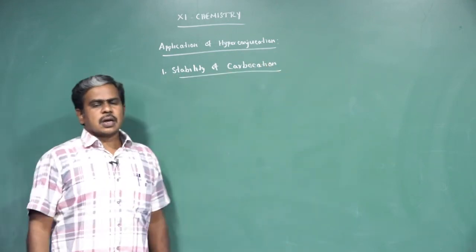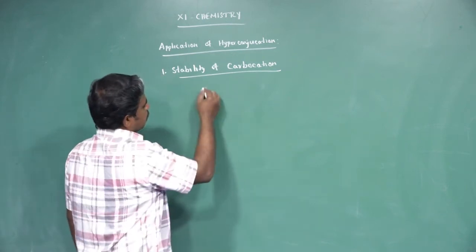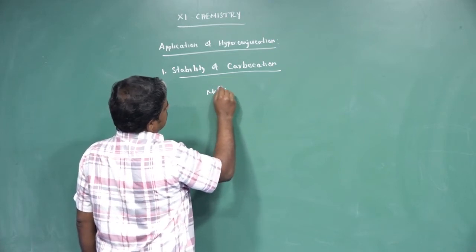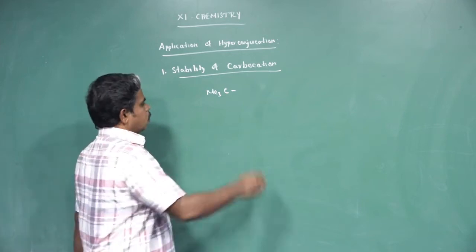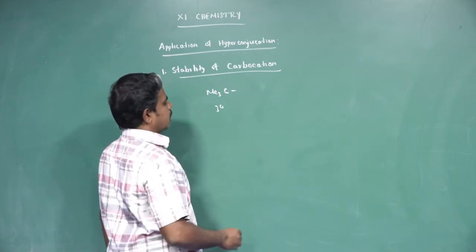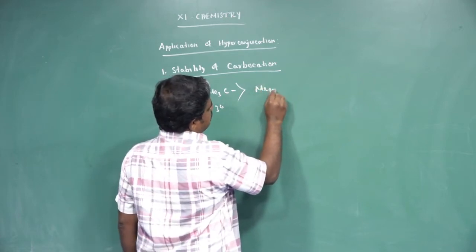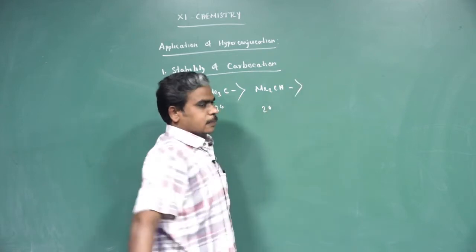And you know the carbocation stability order. What is the carbocation stability order? Here that is Me3C, that is trimethyl carbocation, that is tertiary carbocation, which is more stable. Then Me2CH, it is secondary carbocation.